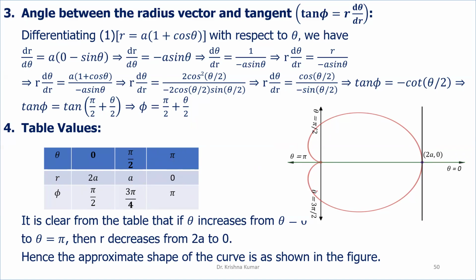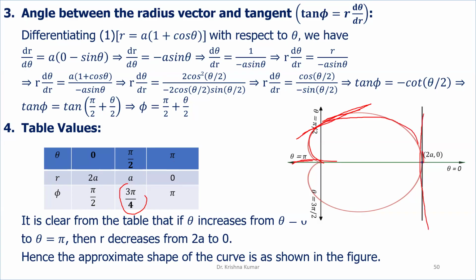And if you put theta equal to pi, the value of this is 2a, right? And then at theta equal to pi by 2, at this point, what is the tangent? It is 3 pi by 4. So this is tangent at this point, and this is tangent at this point.